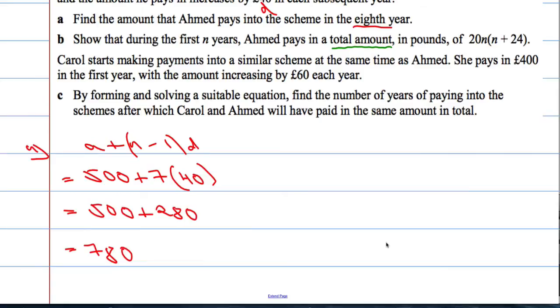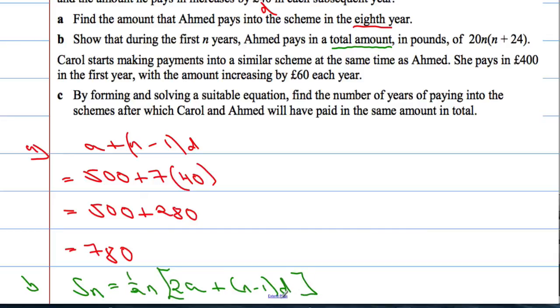it's equal to 20n times n plus 24. So we're looking for S of n, the sum of the series. And that's going to be equal to a half n times 2a, I should say, plus n minus 1 times d.